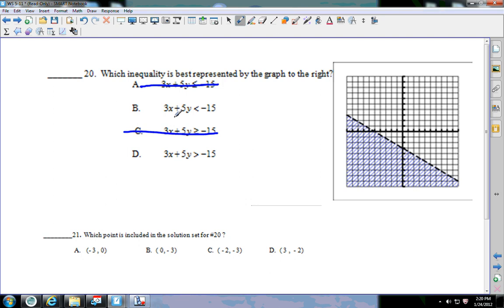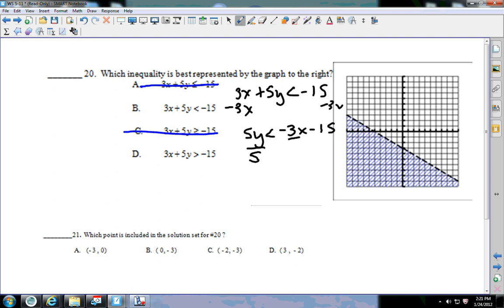Now you can't cross off these two because you don't know about flipping the sign. So really what you would have to do, you would have to go and solve for y. So you have 3x plus 5y is less than negative 15. Subtract 3x from each side. 5y is less than negative 3x minus 15.